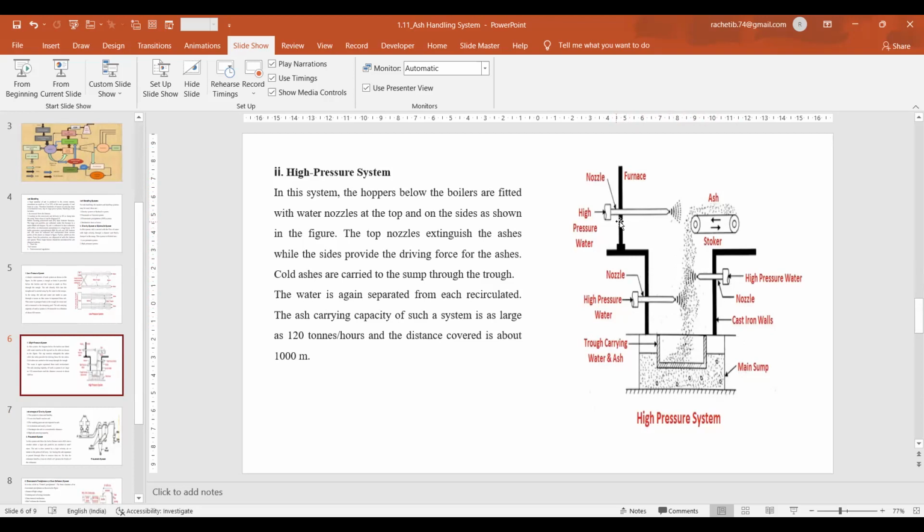The high pressure water jet at the top extinguishes, or reduces the temperature of, this ash. Then while flowing down, this ash mixing with water is sent through the water troughs.